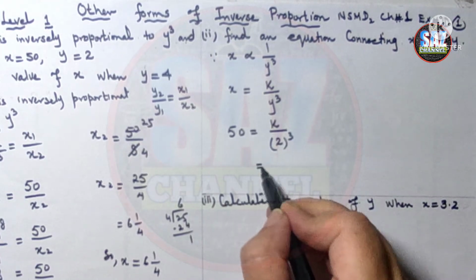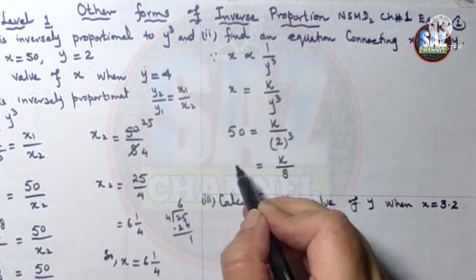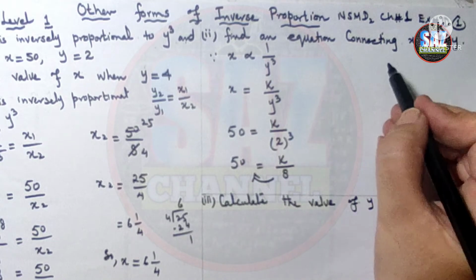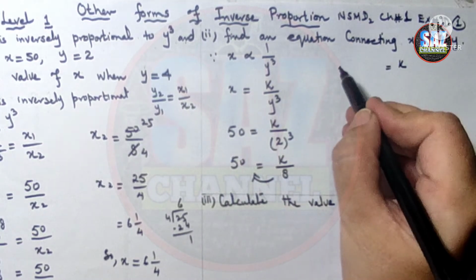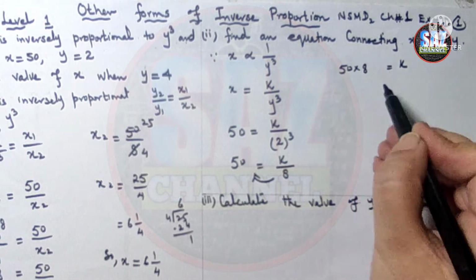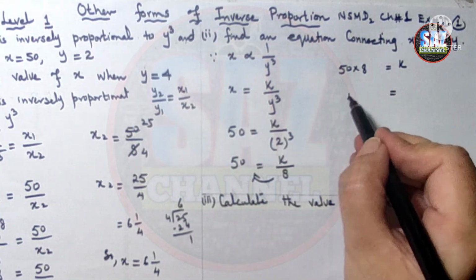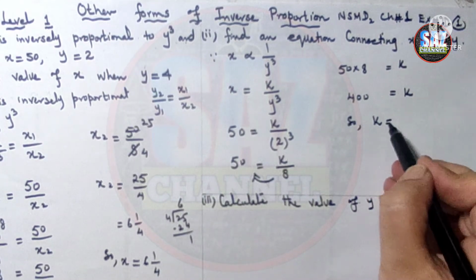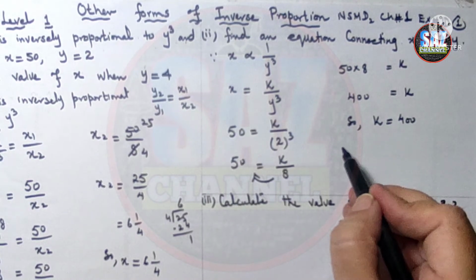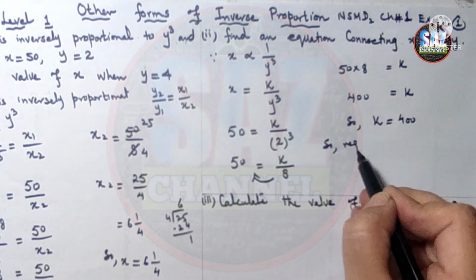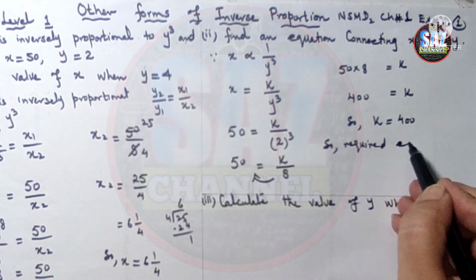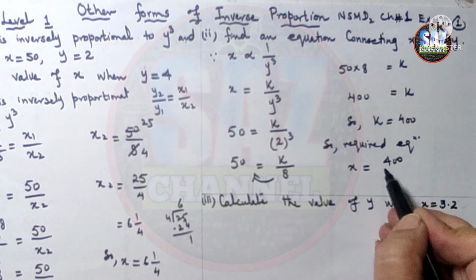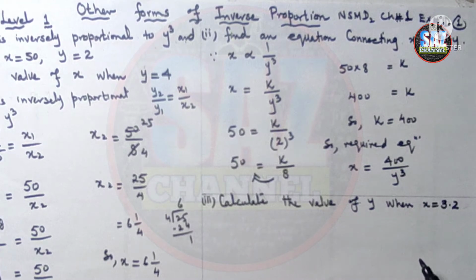Now 2 cube is 8, and in order to find the value of k, k will be equal to 50 multiplied by 8, and 8 5s are 40, so k is 400. So the required equation will be x equals 400 divided by y cube. I hope it was a really easy question.